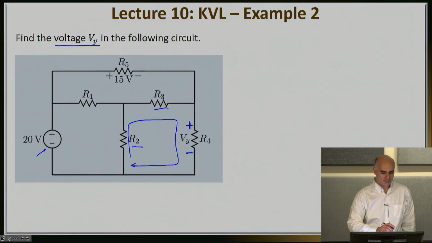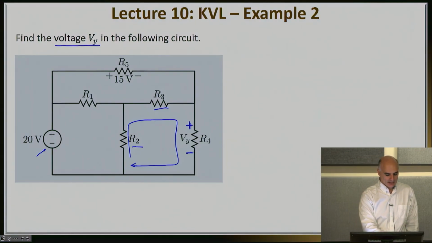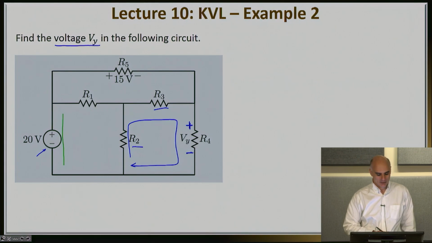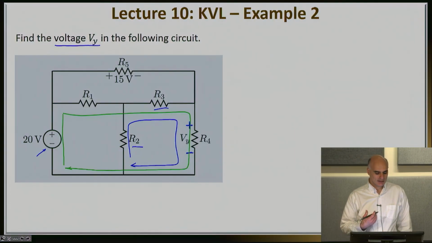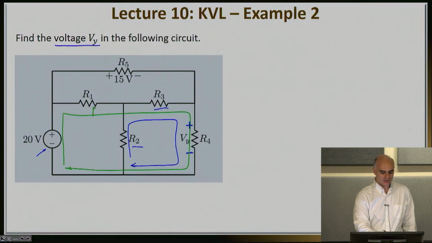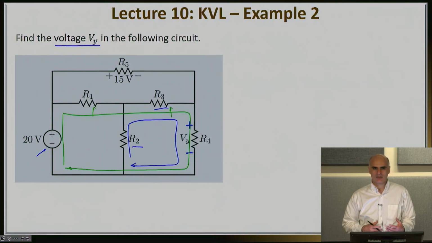Even in another way, maybe somebody else could say, all right, well, I do know this 20 volt source, so perhaps I should include this in my loop. But then as I walk around and I come back to my source, I face the same problem. The voltage drop across R1 is not known, again across R3 is not known, so how can I really proceed and find that?